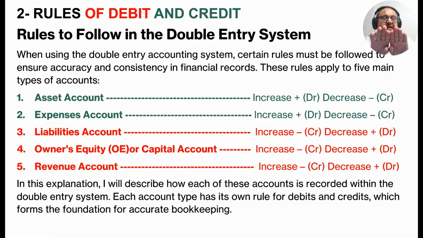But in exchange, we receive cash, which increases to us. That's recorded as the debit. So this is the way.